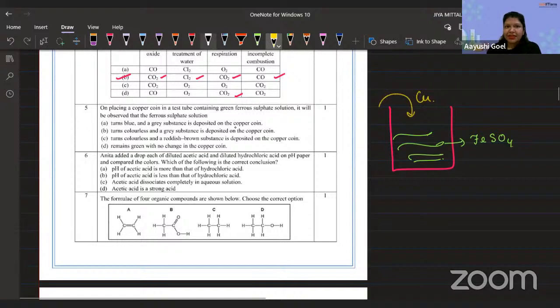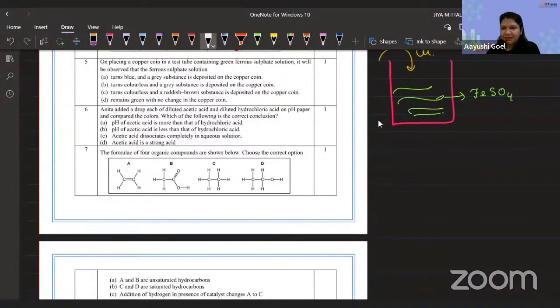So let's see what will happen. Will there be any reaction? Okay, Dhruv. Copper is reacting with FeSO4 and giving you a red-brownish substance and a colorless compound. Okay, let's see the option. So according to you, C will be the correct answer: turns colorless and a red-brown substance is deposited on the copper.